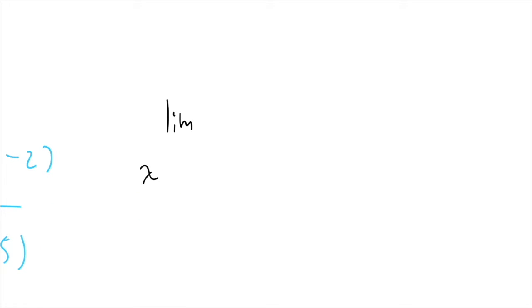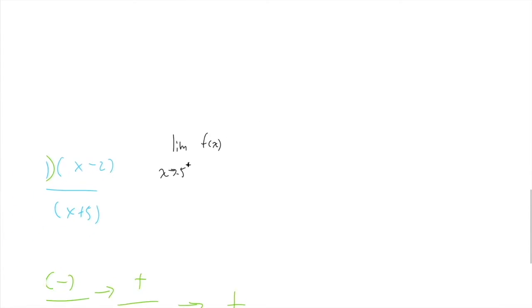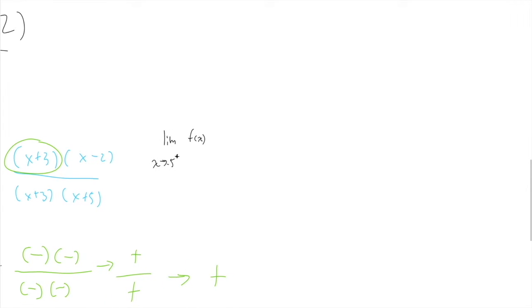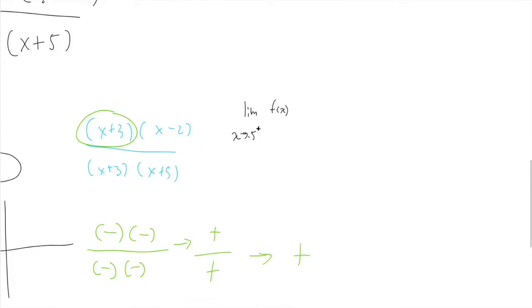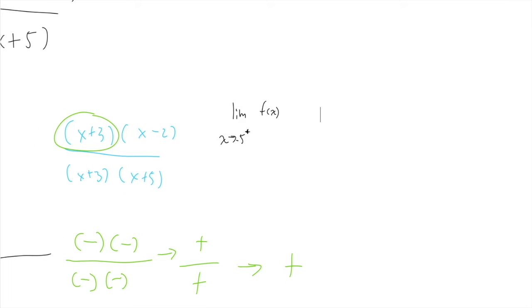So let's try again from the right. The limit as x approaches negative 5 from the right of f of x. So let's do the same thing we did for when we did the sign check. So let's do another sign check. Let's choose a value really close to negative 5.